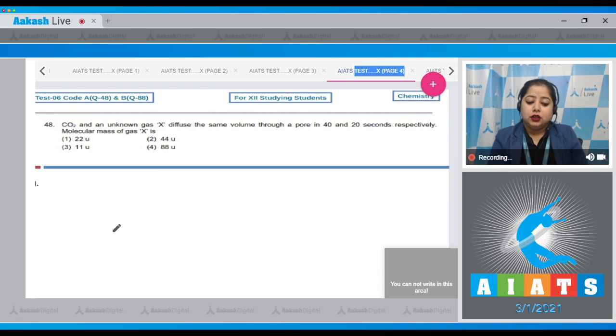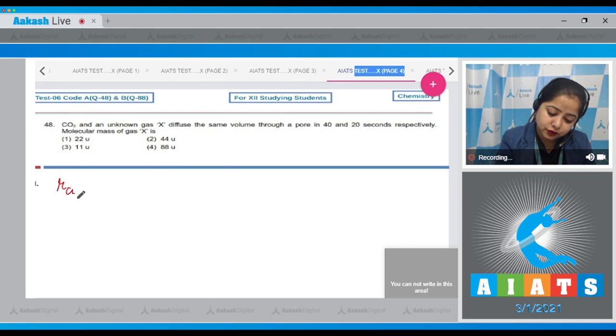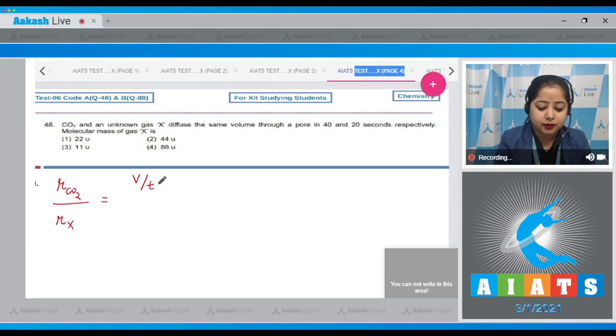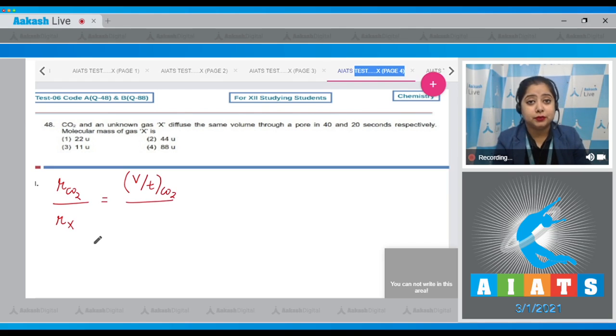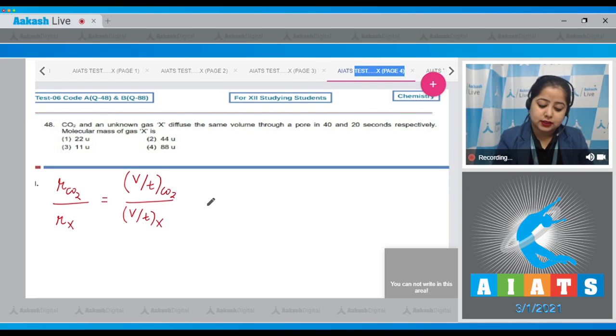Student, for such questions, the formula that relates rate of diffusion or effusion with the volume and time is given as: rate of diffusion of CO2 upon rate of diffusion of the unknown gas X is equal to volume upon time for CO2, that is volume of gas diffused in time t for CO2, upon volume upon time for the gas X.